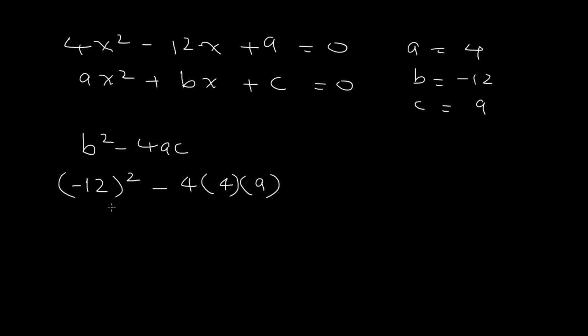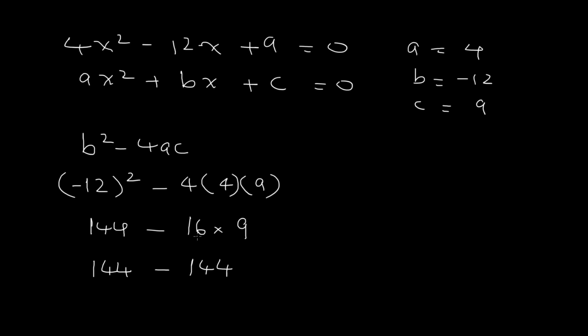So we can simplify this by saying this is 144. And then this one is what? This is 16 times what? Times 9, right? So this is 144 minus, this is going to be 144 as well. The other way to do it is you get a 3 here, you put it there.